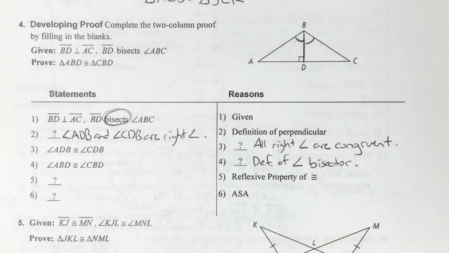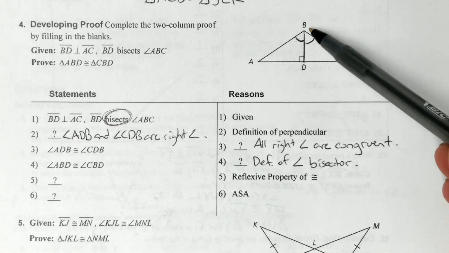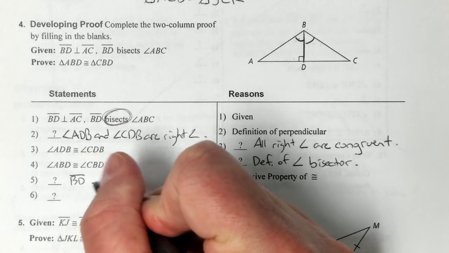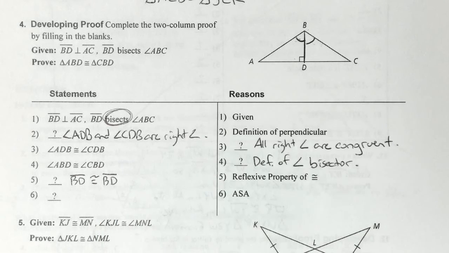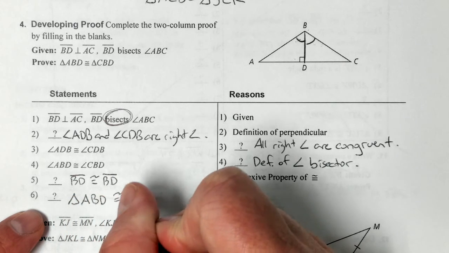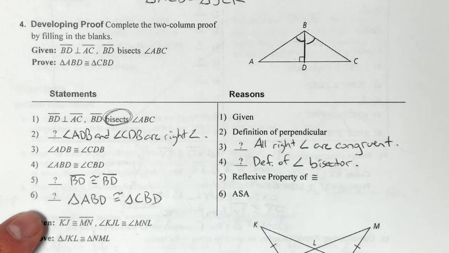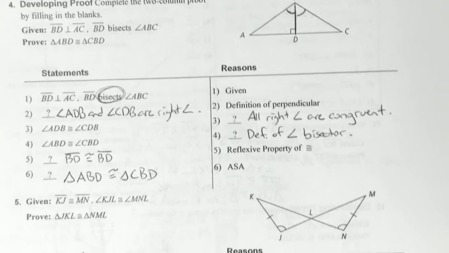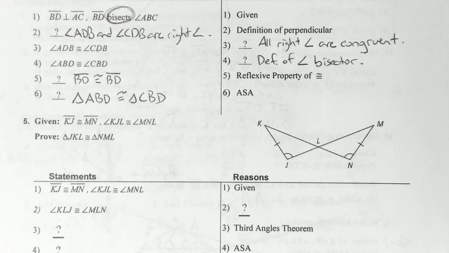The next part is using the reflexive, which would just be BD congruent to BD. And then you can write your triangle statement here. Triangle ABD congruent to triangle CBD. And the reason is ASA. Any questions on that?